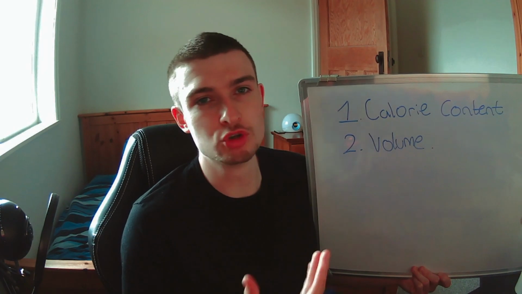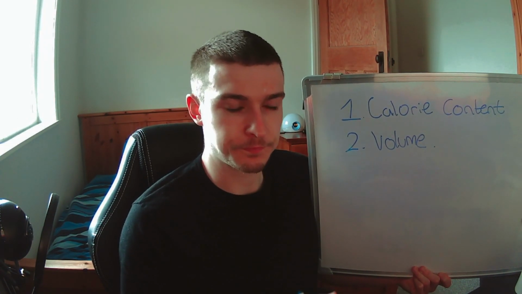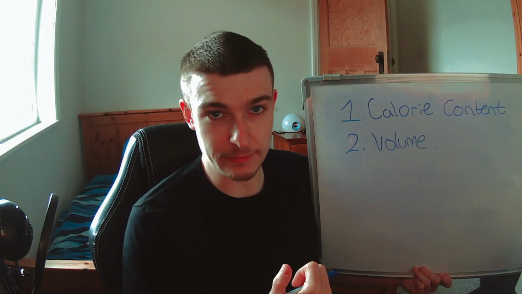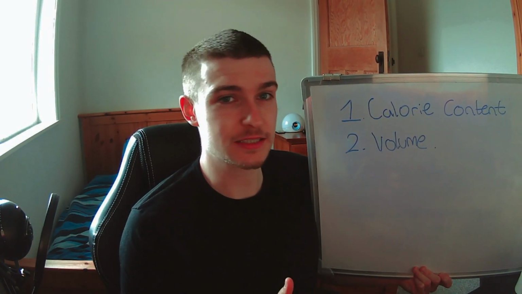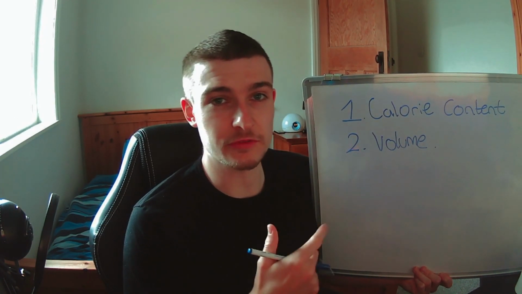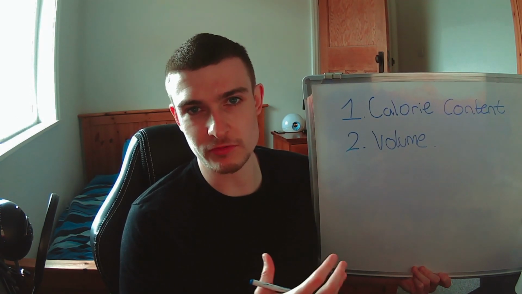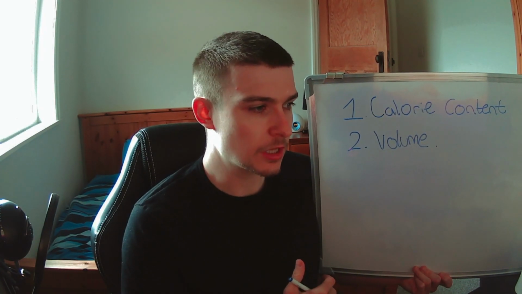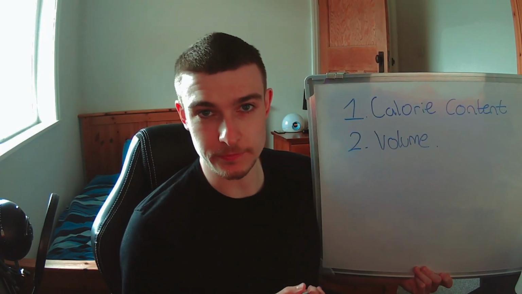So they contain 100 calories to keep it simple. But one food item takes up a quarter of your plate for the 100 grams, for the 100 calories. The second item takes up half your plate for the 100 grams, for the 100 calories. And let's say for the example given here, they're both solid food items, not liquids. The second item that takes up half that plate is going to be higher in volume.